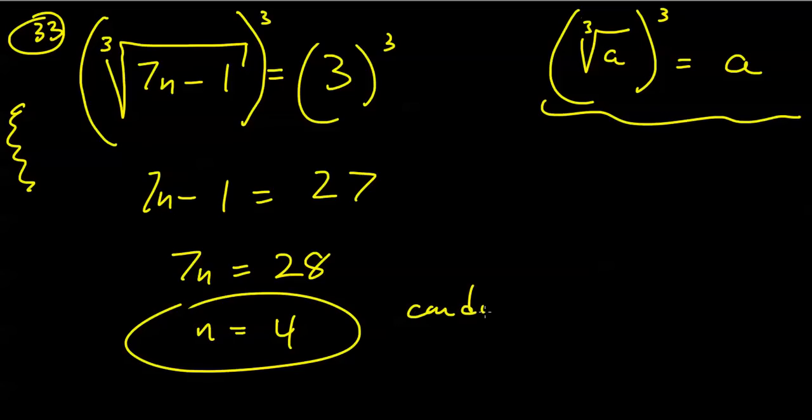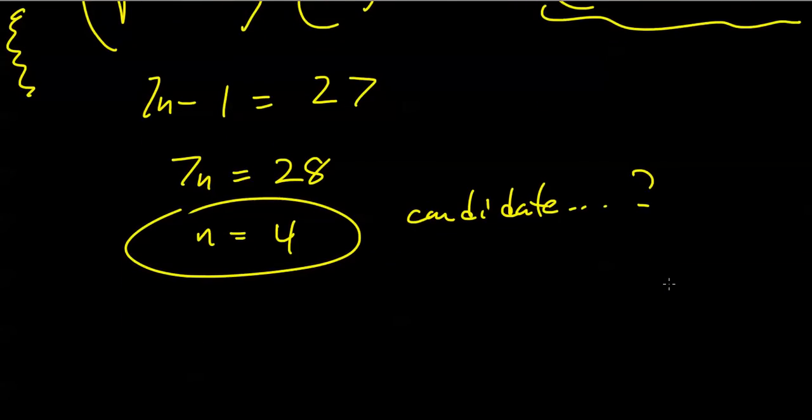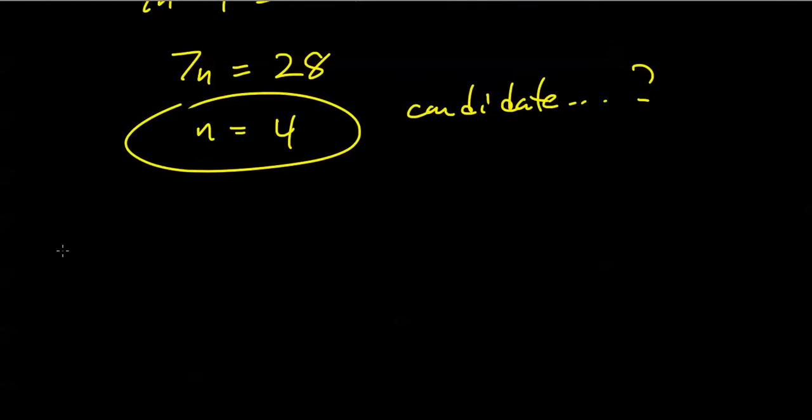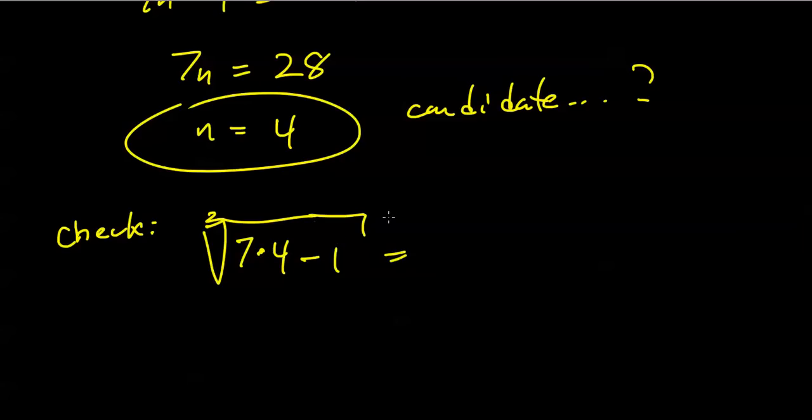Now I circled it, and that's maybe a bad habit to get into here because it's a candidate. We're not sure yet if it's going to work. So we've got to check. The cube root of 7 times n, well, we're going to throw in n equals 4, minus 1, is that indeed equal to 3?